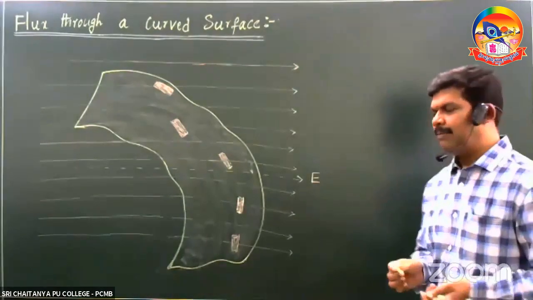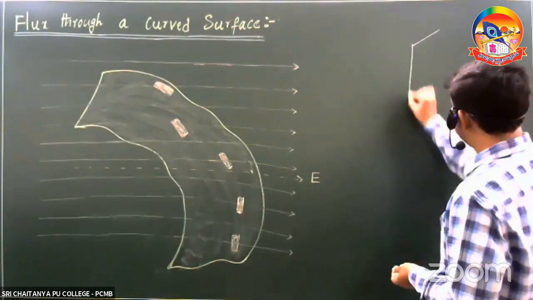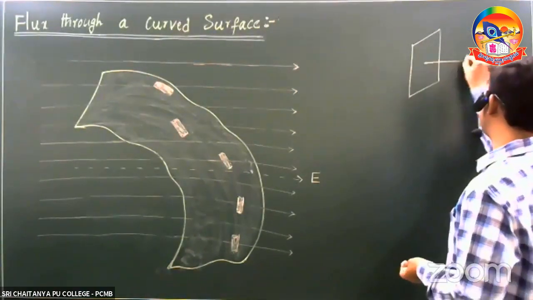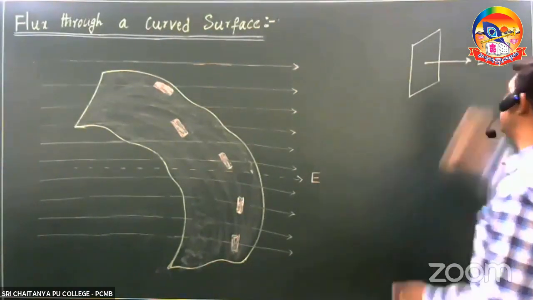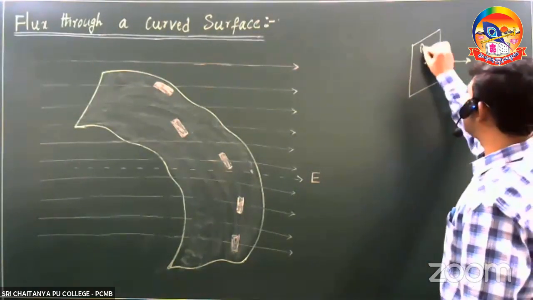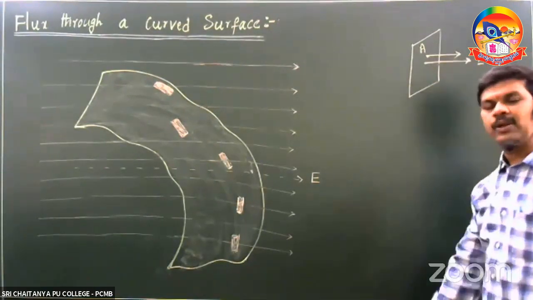And one formula: if this is the plane surface, if the field direction is E, and if its area is A, the area vector, we know, is perpendicular to the plane.